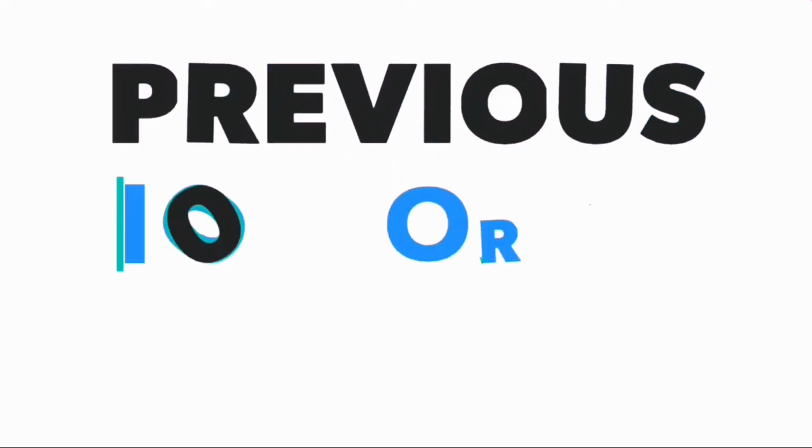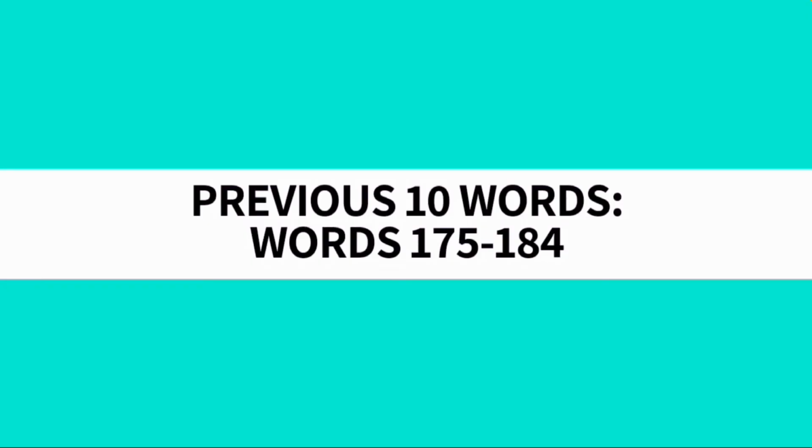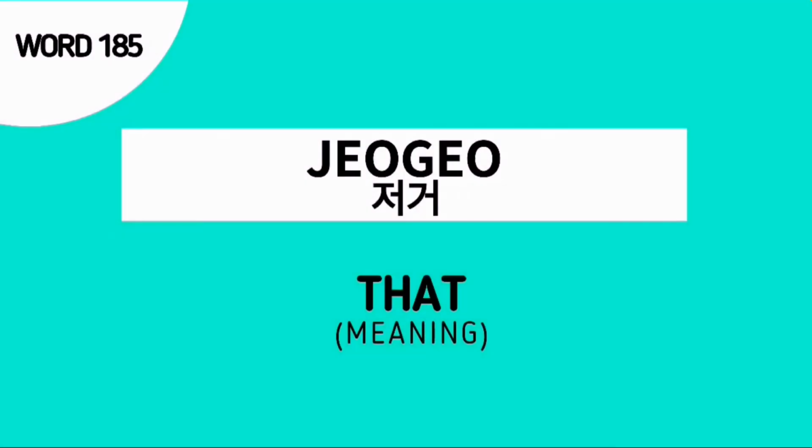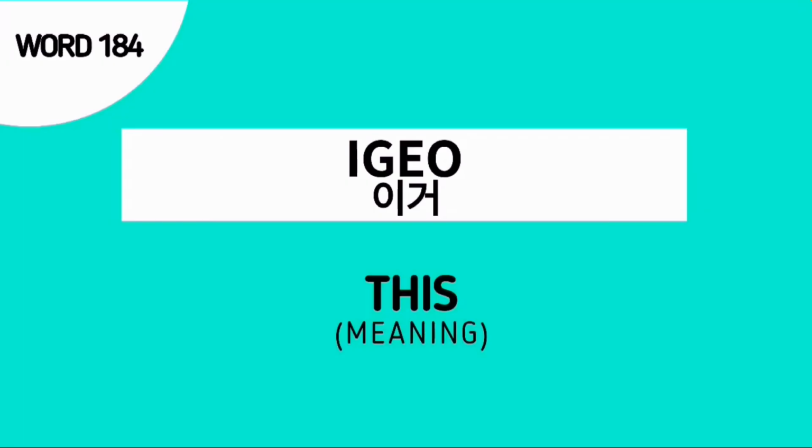Now let's proceed to the previous 10 words recap. As of now, the previous 10 words are words number 175 to 184. But don't forget our word for today, word number 185, 저거, which means that over there. The first word for our review is word number 184, 이거, and this is used to say this.